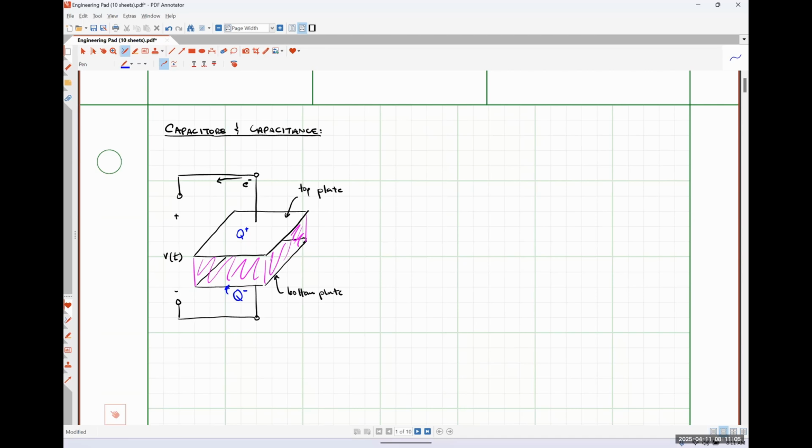It's storing all of that energy effectively in the form of an electric field. So whenever we have accumulated charge that is separated by some distance, we'll have electric field lines that are oriented from the positive charge to the negative charge, like so.